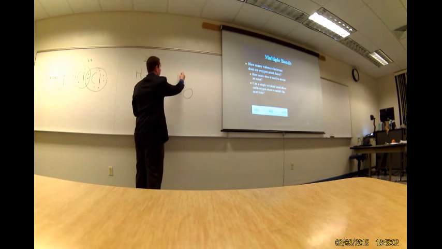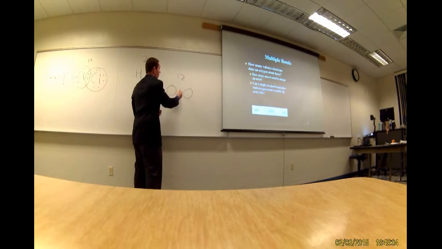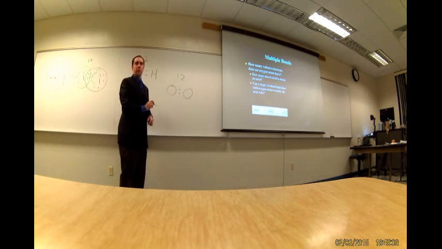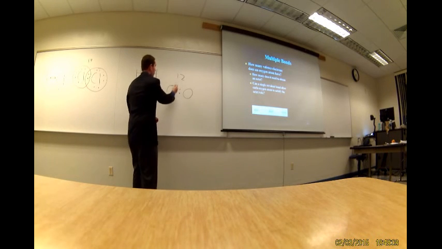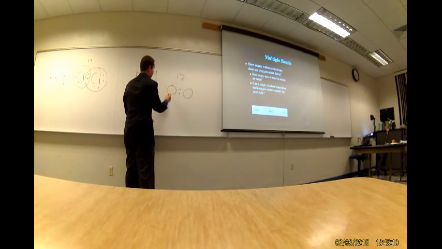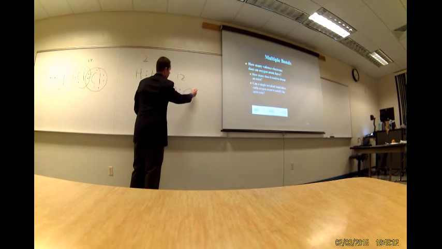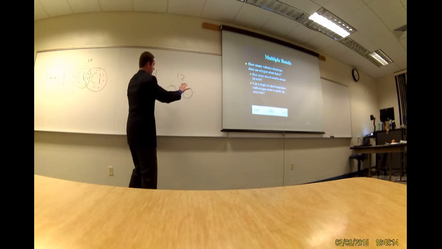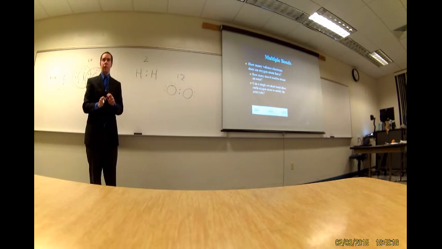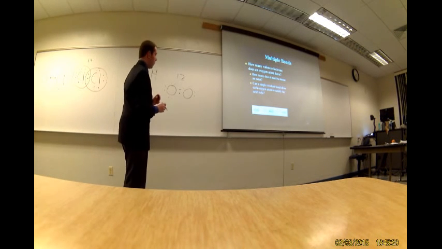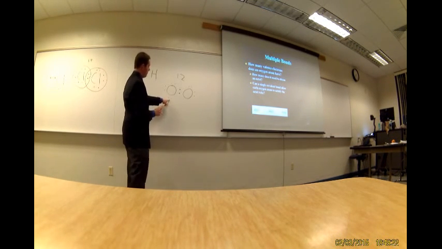I'm going to write 12 here. First thing you do is put one pair between your atoms. So there's 2, 3, 4, 5, 6, 7, 8, 9, 10, 11, 12. There's my 12. Is everything happy? No.